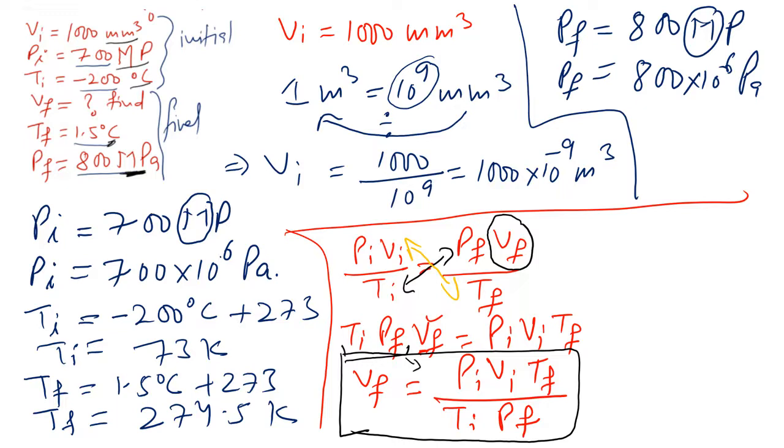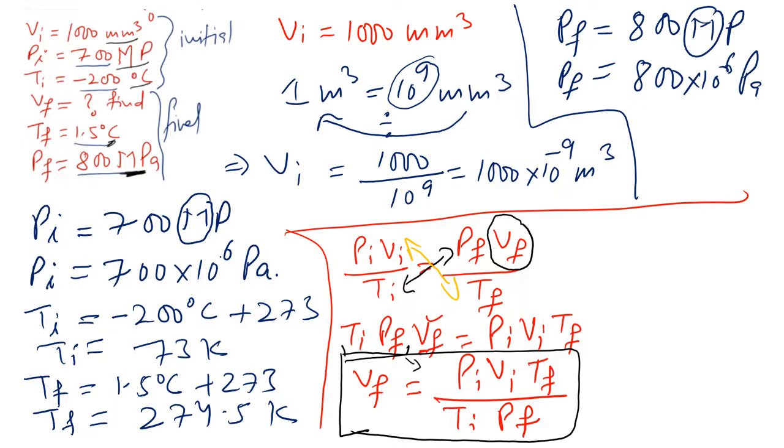Because we are changing millimeter cube to meter cube, we will divide by this number. So the initial volume is 1000 divided by 10 to the power 9, and it will be 1000 times 10 to the power minus 9 meter cube. So this way we can change.